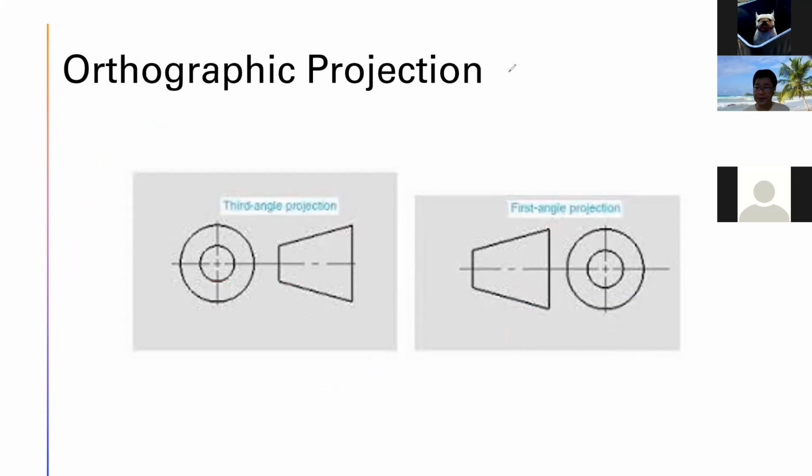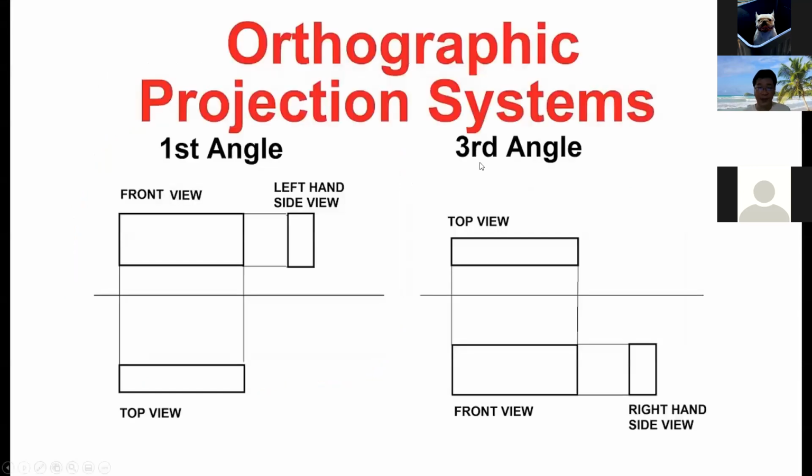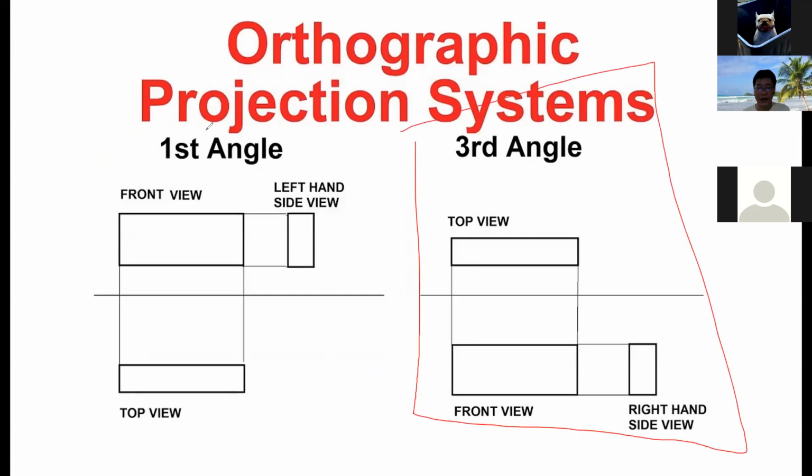Okay, right. So here is the detail of the difference between the first and the third angle. Okay, remember again, third angle is the one that we are using. For the first angle, we just have to know it exists in the world and it's used quite commonly in Europe.